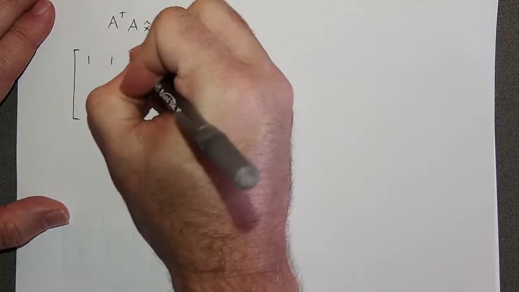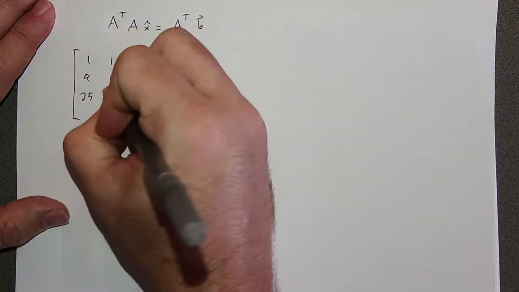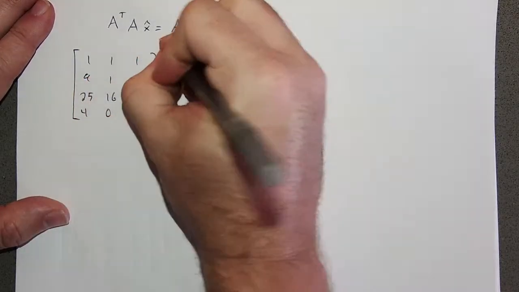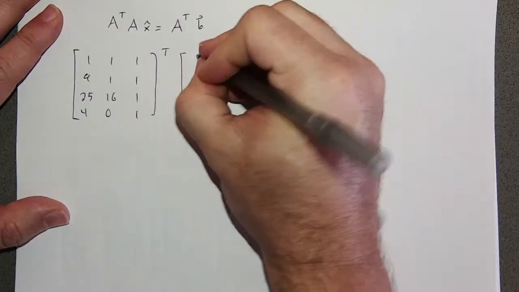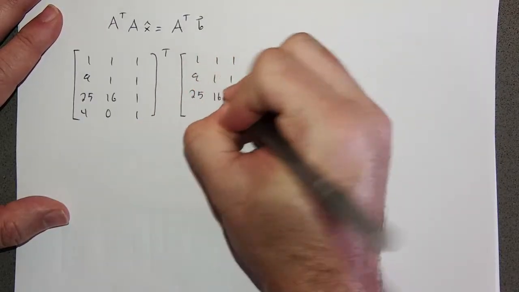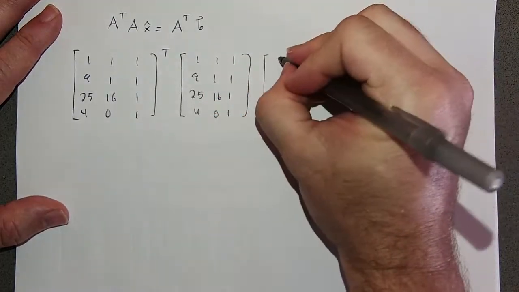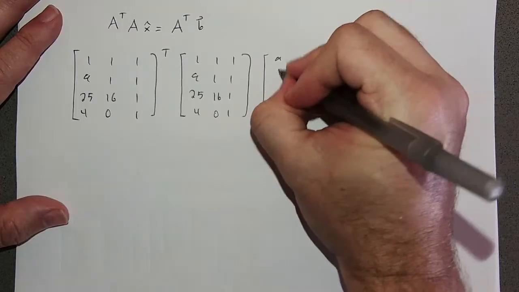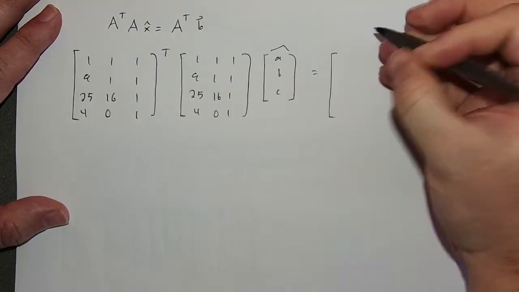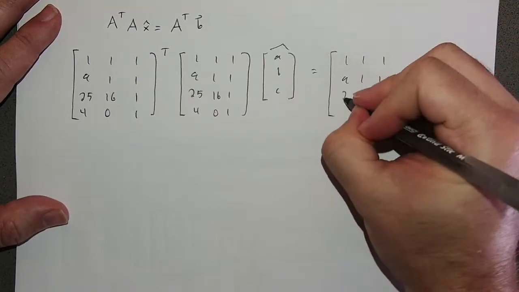This is the matrix 1, 1, 1, 9, 1, 1, 25, 16, 1, 4, 0, 1 transpose, times the matrix itself, times this unknown vector. We were still using a, b, and c here. Is equal to A transpose times the vector b.